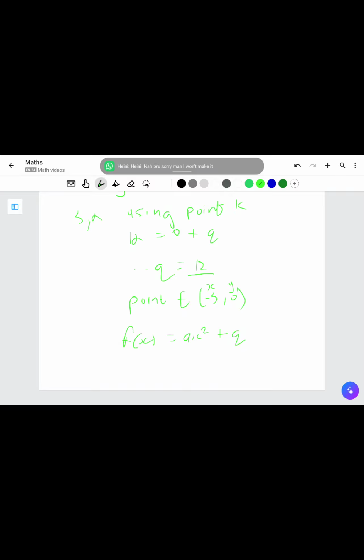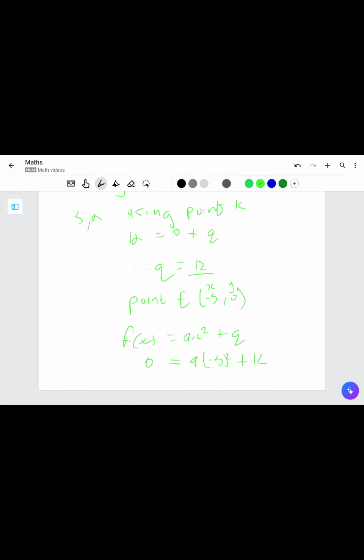So what are we going to do? We put our y value in there. Remember, f of x is your y value, so it's 0. We don't know our a value, however we do know our x value, which is minus 3. So 0 equals a times minus 3 squared plus q, which is 12.